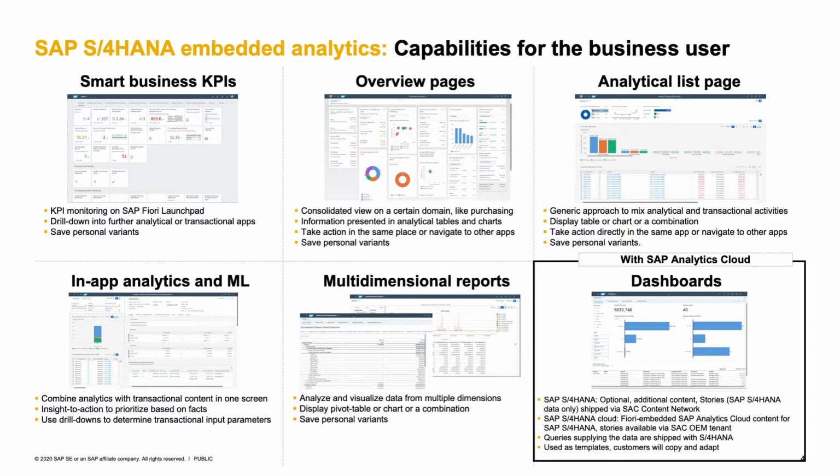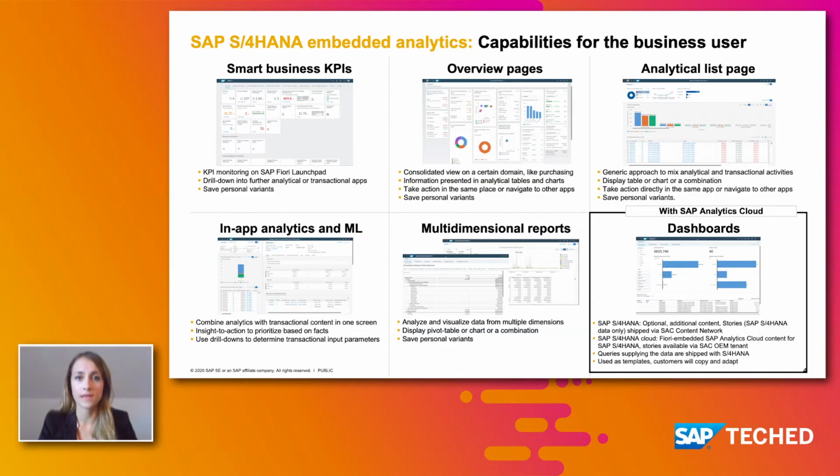Another very common framework is the multidimensional report. This is basically a pivot table, which allows to do multidimensional analysis along any number of dimensions, for instance, to answer ad hoc questions. And last but not least, we offer an integration with SAP Analytics Cloud stories in different scenarios. And this is what is being focused on today in this session.